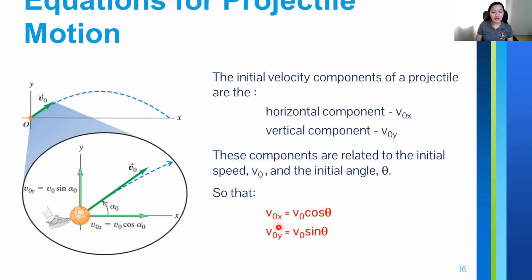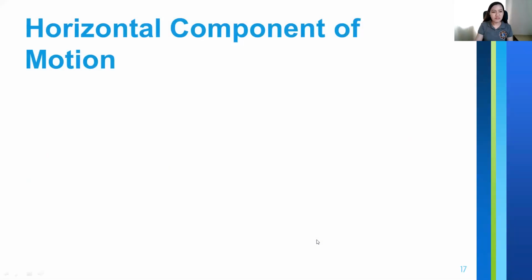So VOx equals VO cosine theta. From this, diba, we resolve the vector into two components. The horizontal component would be the velocity times the cosine of the launch angle theta, and the vertical would be VO sine theta.